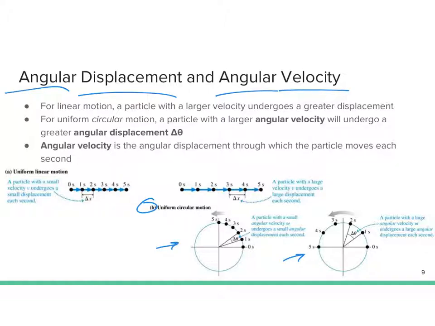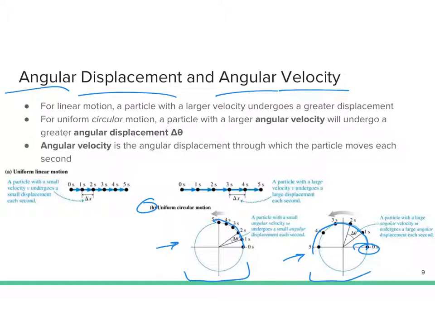When we talked about linear motion, a particle that traveled fast meant it had a greater displacement in some time interval. So as I look at these 2 on the bottom, this one goes about 1/4 of a circle, and this one goes about 1/2 a circle. So I can say that this particle over here undergoes a greater angular displacement every second, and therefore it has a greater angular velocity.